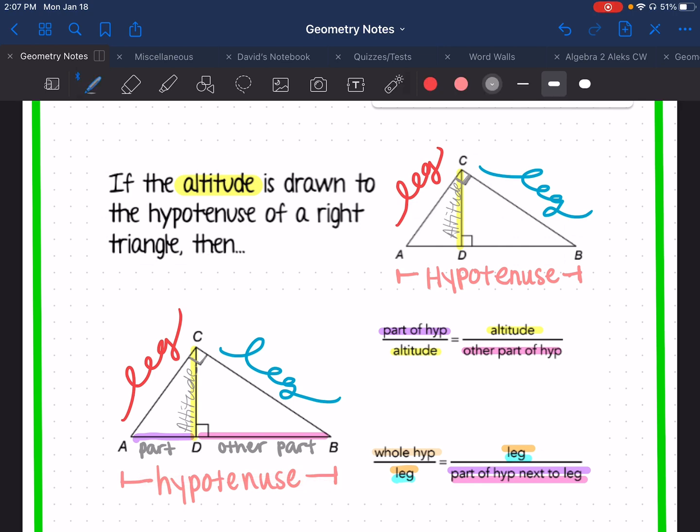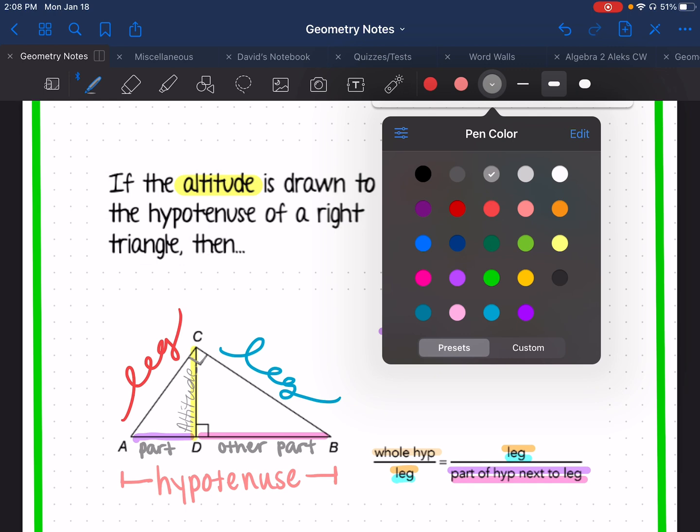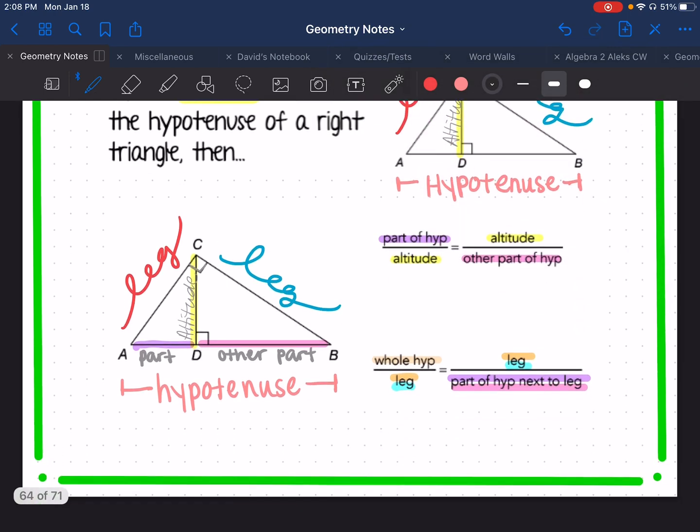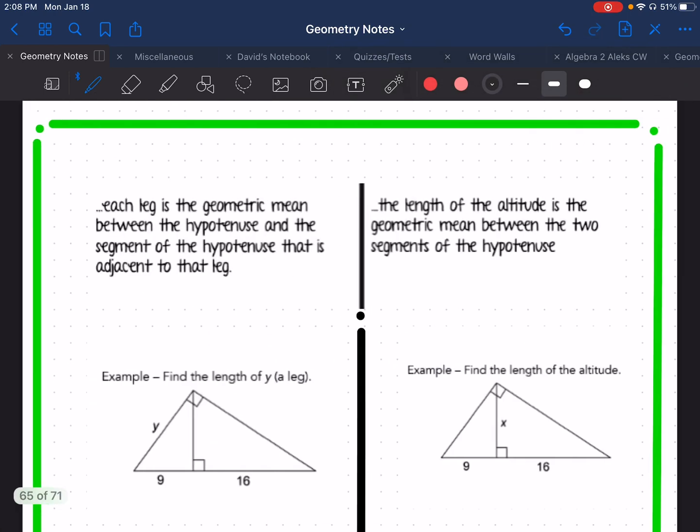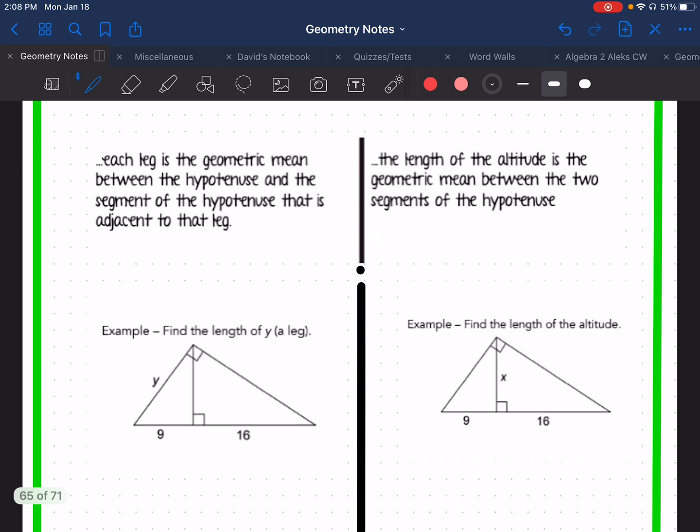All right, let's go and give these a try. I'm going to change my color. Here we go. So I have two examples. Each leg is the geometric mean between the hypotenuse and the segment of the hypotenuse that is adjacent to the leg. So this one is talking about my legs. That's what it's saying here, that the leg is the geometric mean.